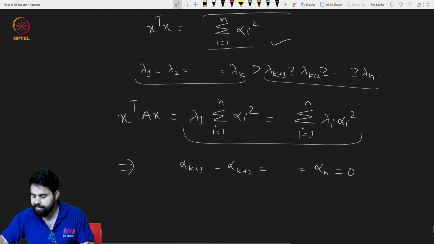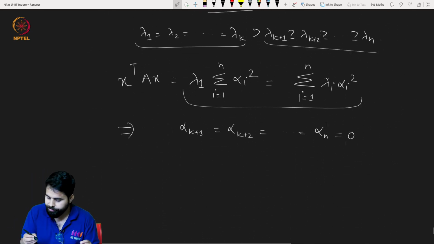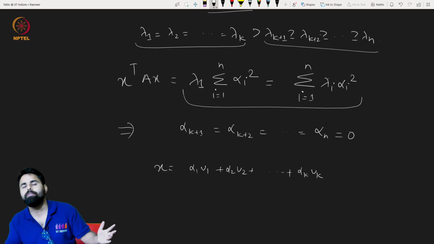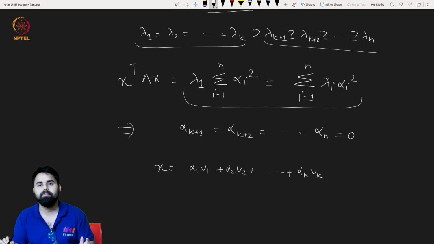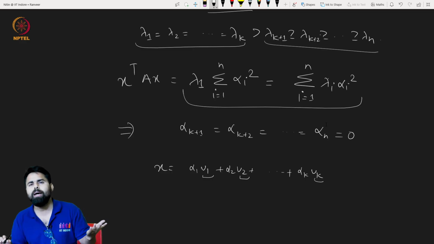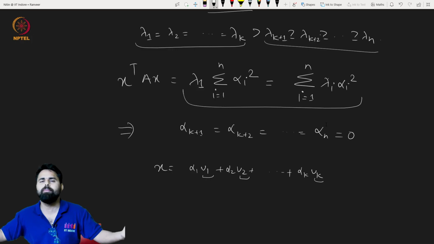So x in this case can be written as alpha 1 v1 plus alpha 2 v2 up to alpha k vk. No need to write further because all these are 0. And these are the eigenvectors corresponding to lambda 1, because lambda 1 has multiplicity k.